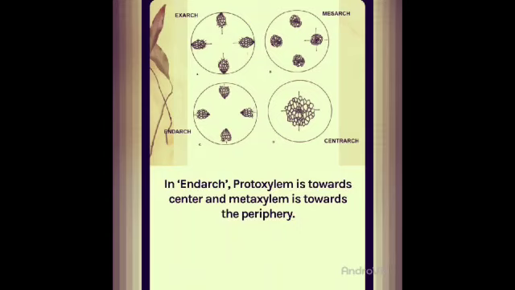and the last one is centrarch, when the xylem is present in the center. Exarch is the condition when protoxylem is found towards the periphery and the metaxylem is found towards the center. Periphery is the outer lining or outer boundary, the touching point.